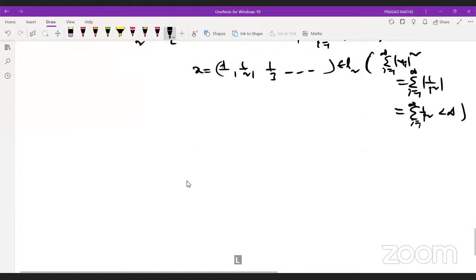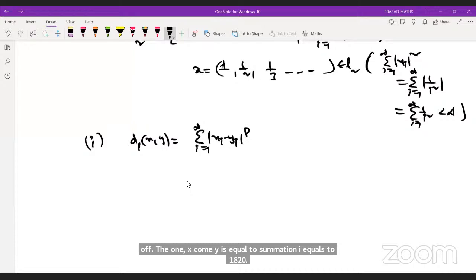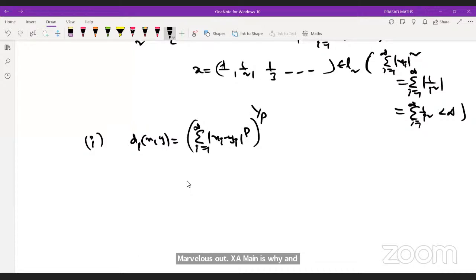So the same strategy. d1 of x comma y equals summation i equals 1 to infinity of modulus of xi minus yi. Same strategy as before, by the Cauchy inequality, so this is also a metric. We have seen the Euclidean metric, d2, with the power 2.